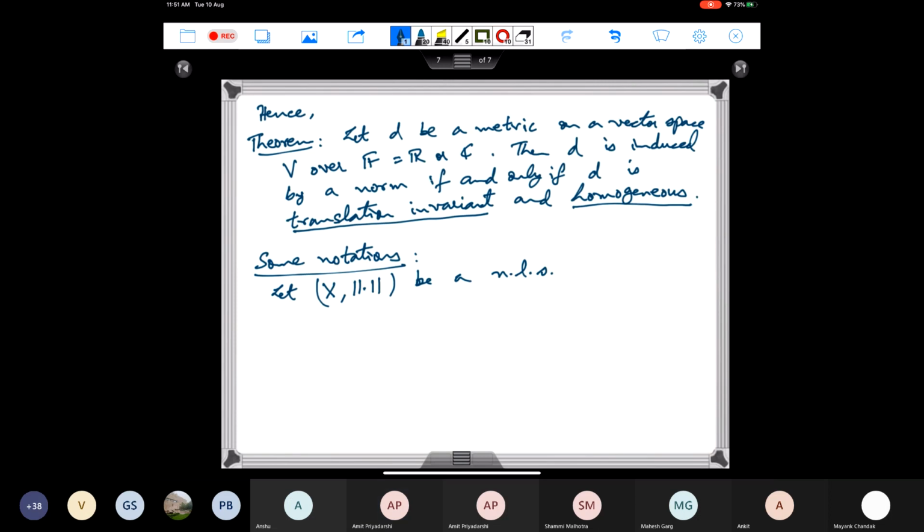The unit sphere of X is denoted by S(X), and this is equal to all those x in X such that norm of x is equal to 1.